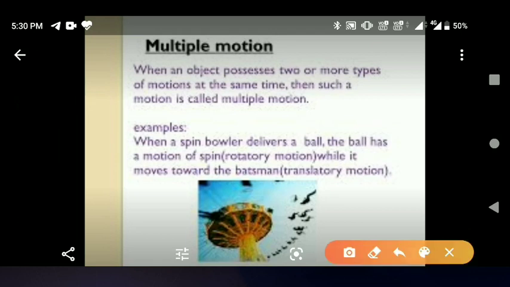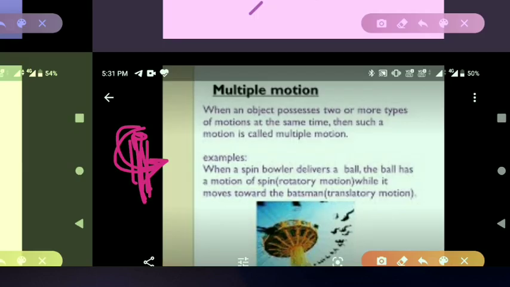The drill rotates, and it is also pushed inward into the wood or wall in a translatory way. So we can say the drill shows multiple motion at the same time. These are the examples of multiple motion.